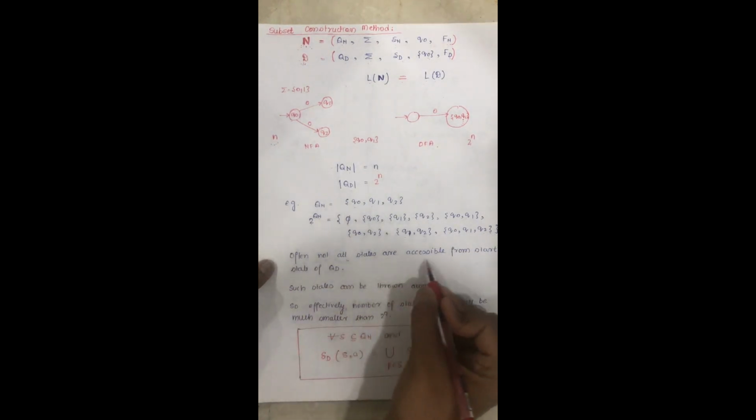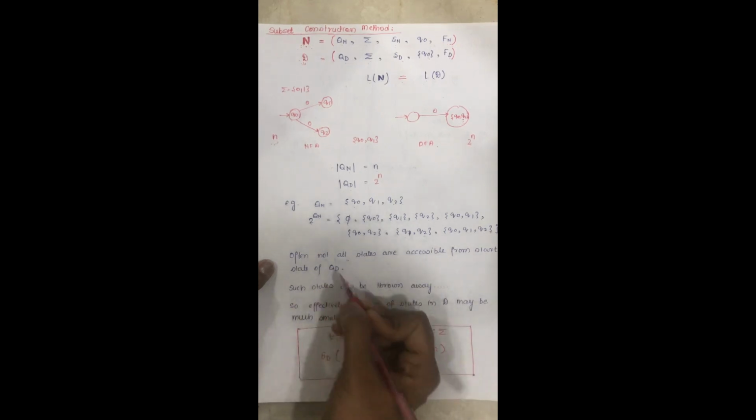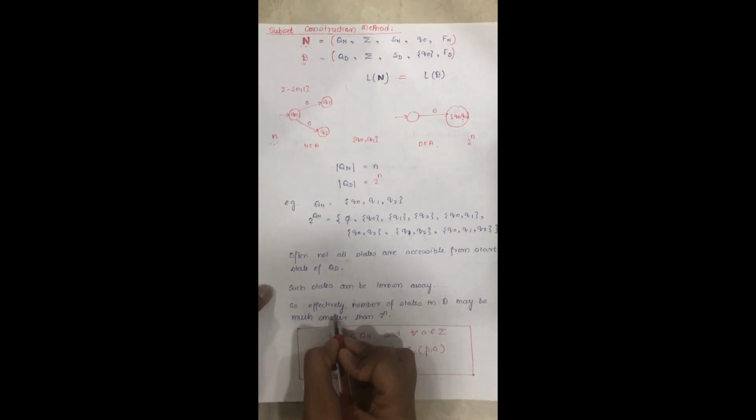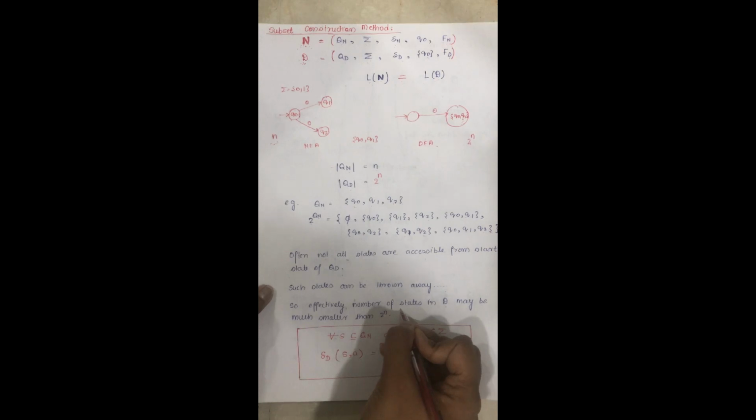Now often not all states are accessible from the start state of QD. Such states can be thrown away. So effectively, the number of states in the deterministic finite automaton may be much smaller than 2 raised to the power n.